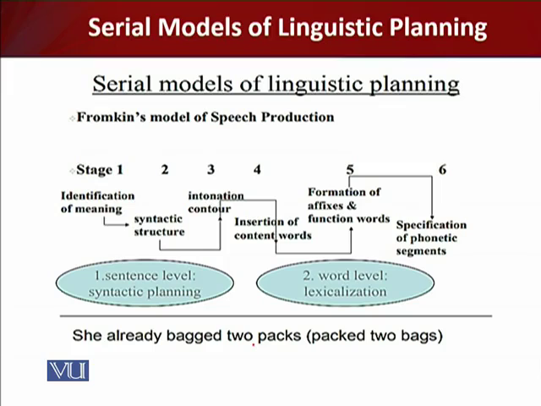At stage 2, the syntactic structure is laid out and slots are constructed for the noun or pronoun, adverb, verb, adjective, and object noun. At stage 4, the content words she, already, bagged, 2, and packed are fitted into the outline. Here is where the error is said to occur, as bagged and packed are exchanged for one another.